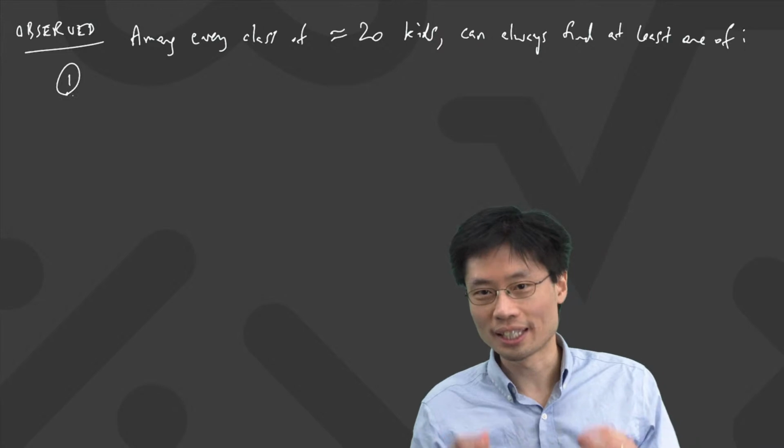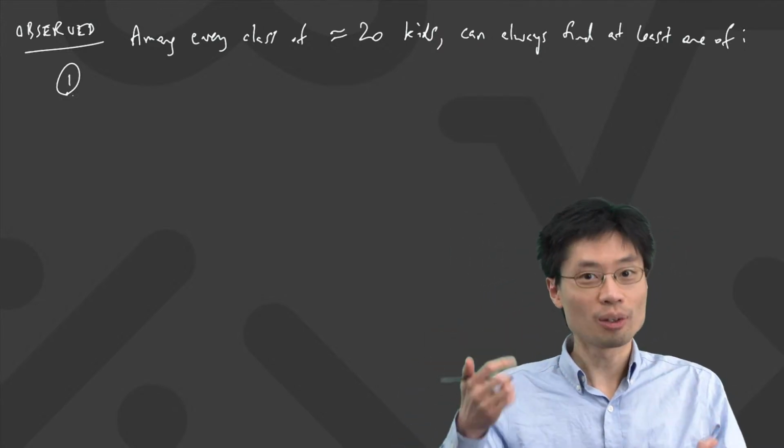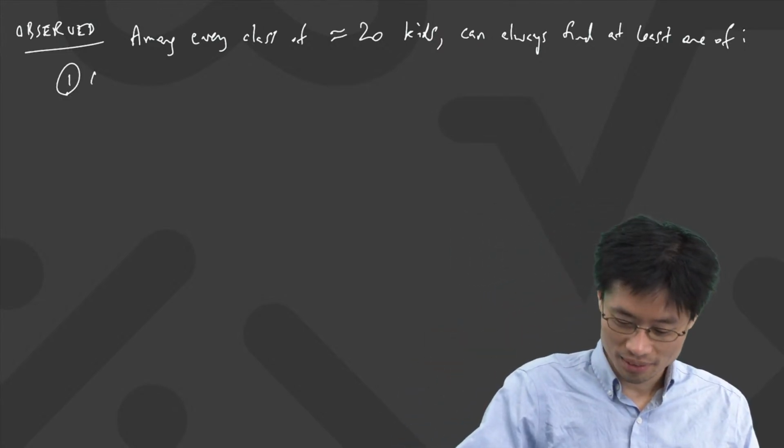You could either find 4 kids who are already pairwise friends with each other. 4 kids.